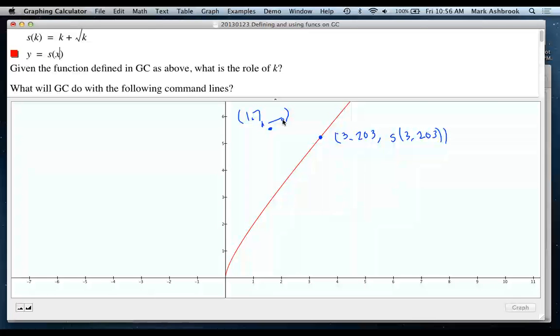Not exactly. It won't be S of 1.7, right? So this is not a valid association of quantities according to our function. But this one is. Every point on the graph is a valid association in the S relationship. Every point not on the graph is not going to satisfy this function.